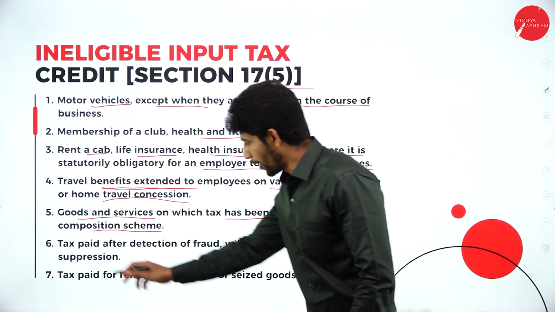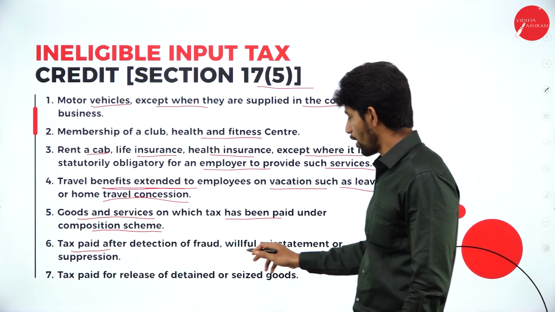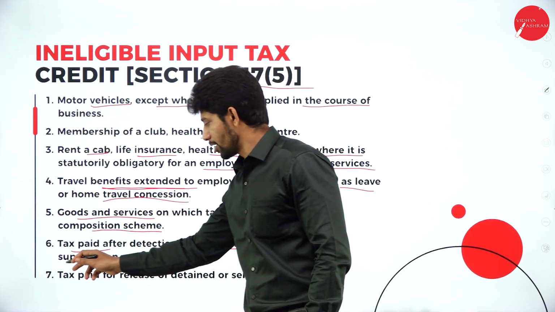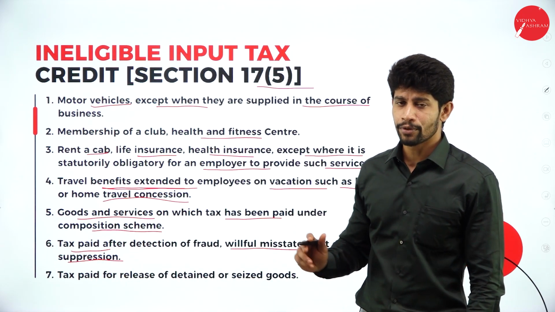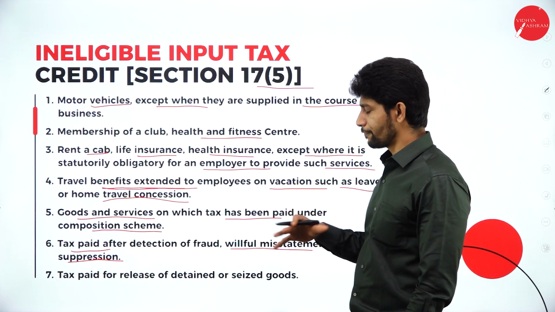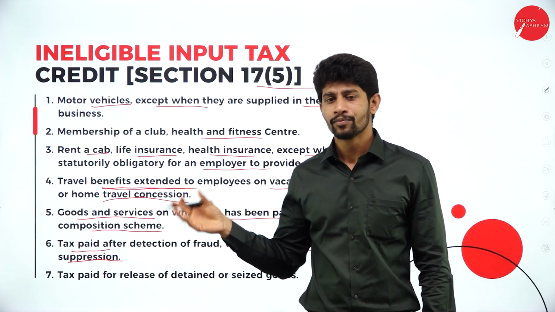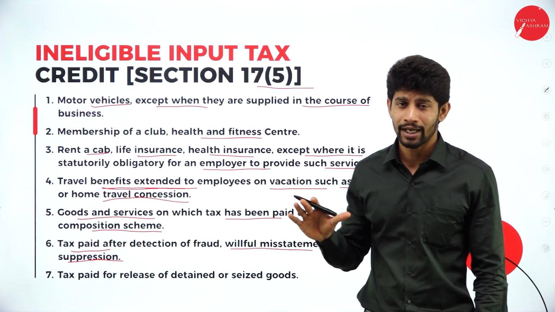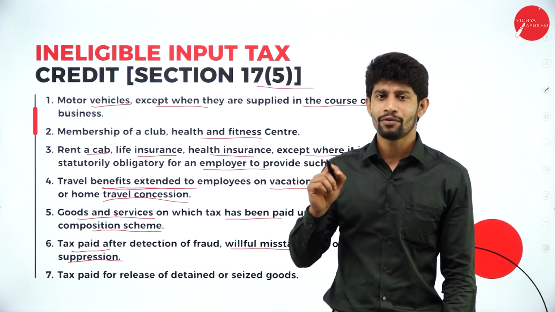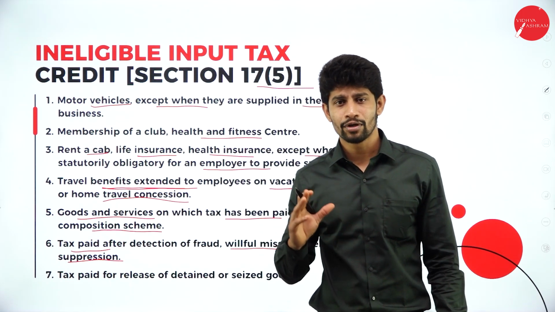And the sixth point, tax paid after determination of fraud, willful misstatement or suppression. Yes, here if you intentionally provide some illegal documents, and you are paying the tax after making some fraud, at that time you are not eligible to claim the input tax credit. See, if you have a clean sheet and all the proper documents, then you can go with claiming of ITC.